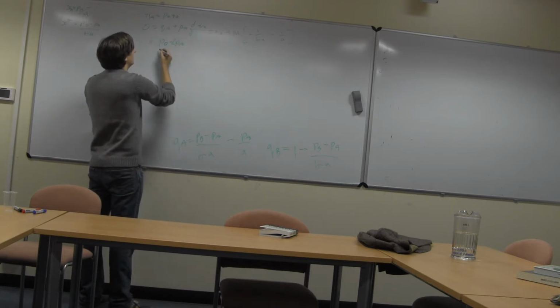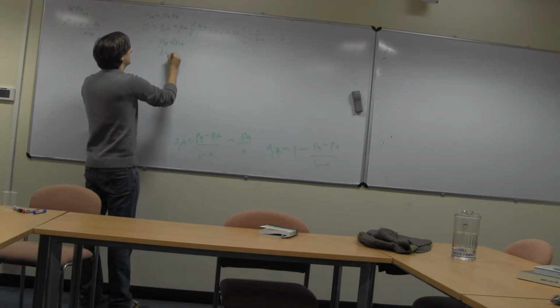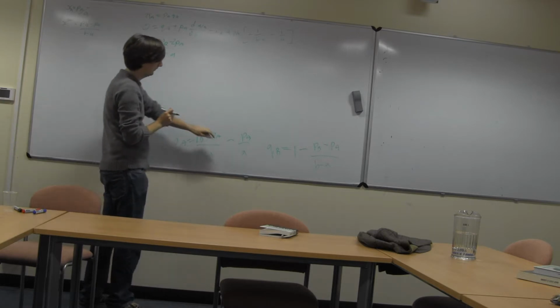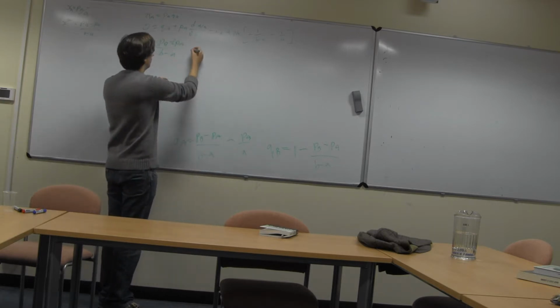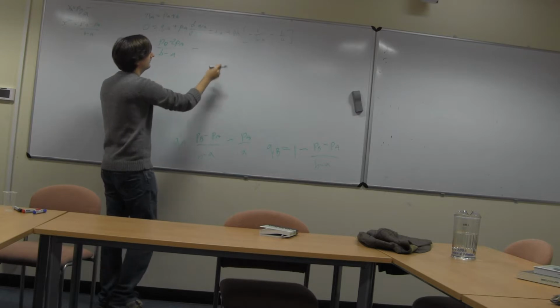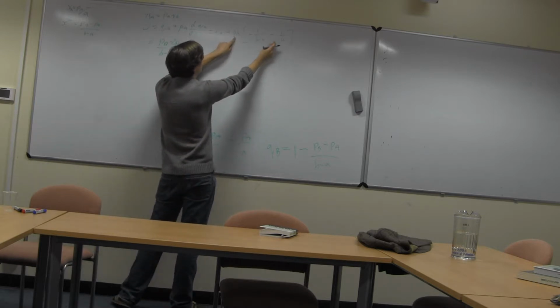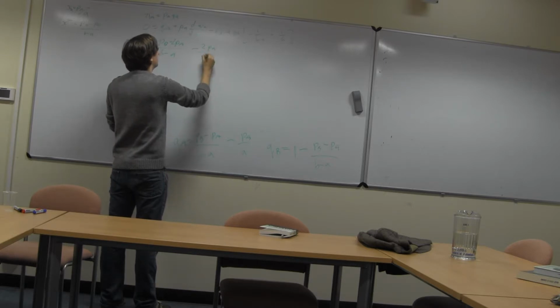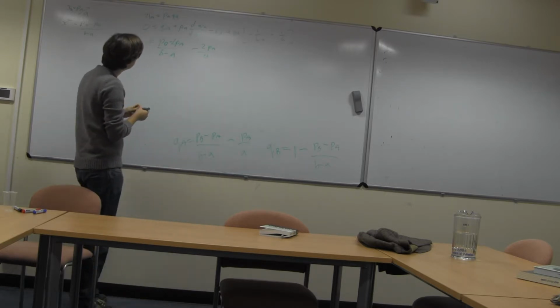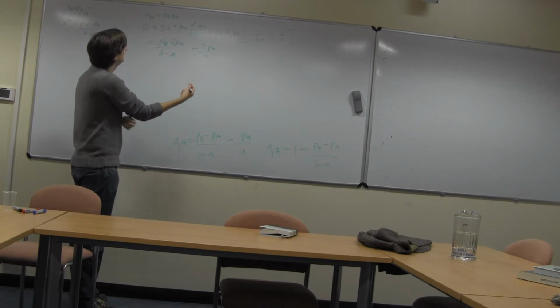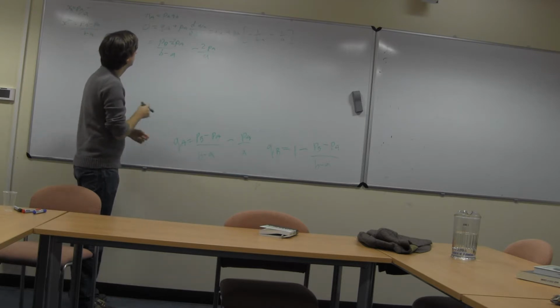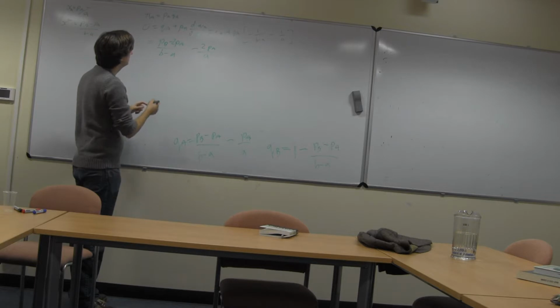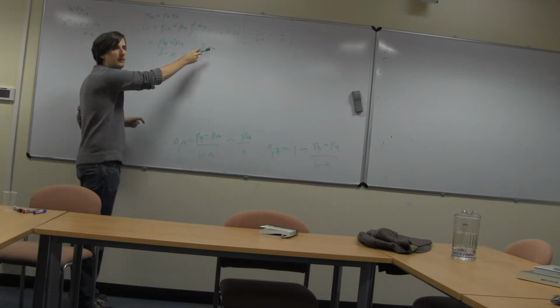So minus 2PA over (B minus A). And then all of the things over A, well, we have A minus PA over A, and then we have another minus PA over A, so we have minus 2PA over A.